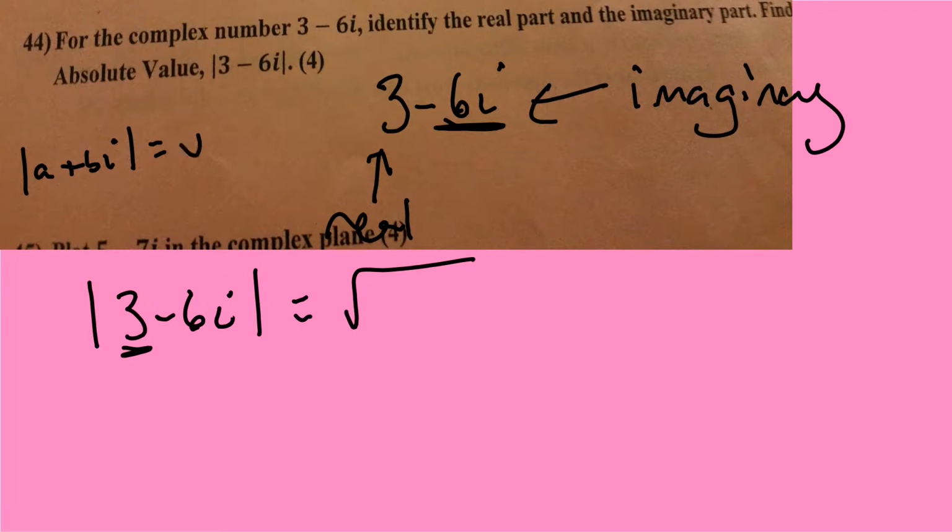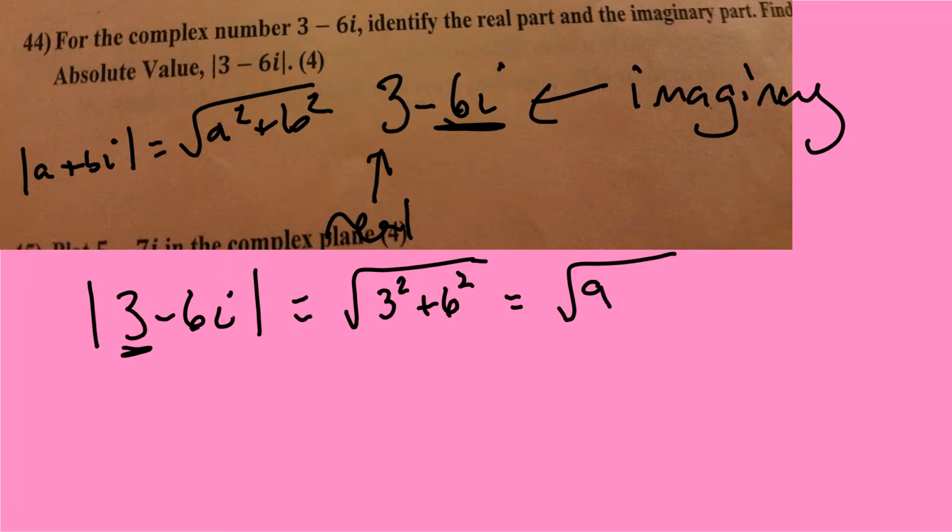And to find the absolute value, you have to remember this formula: the absolute value is equal to the square root of a squared plus b squared. So I take 3, I square it, I add 6 squared. I don't subtract it because it's absolute value, so I only worry about the positives.